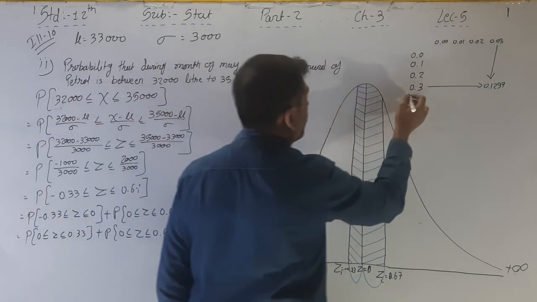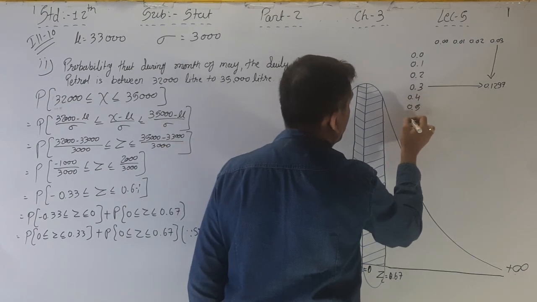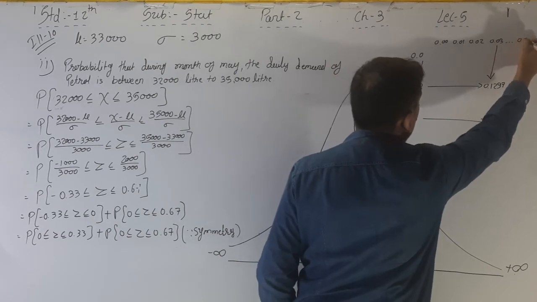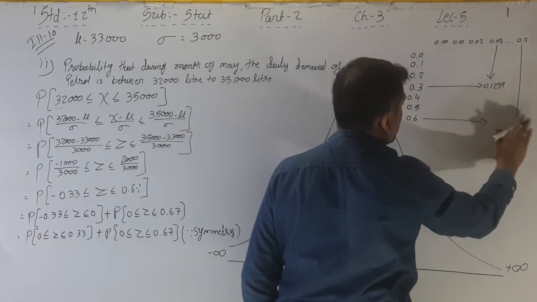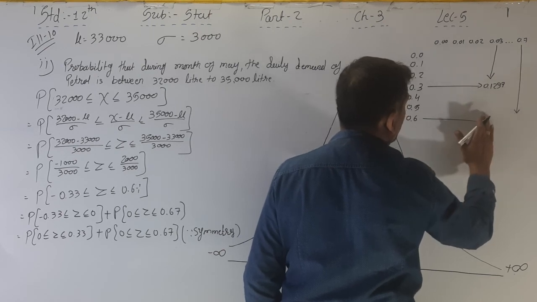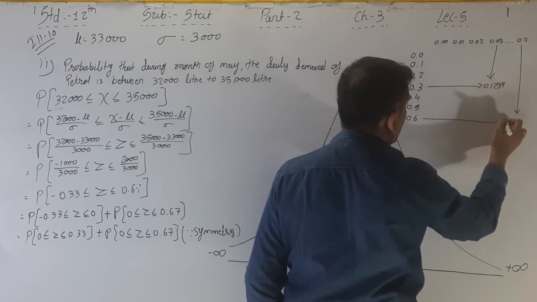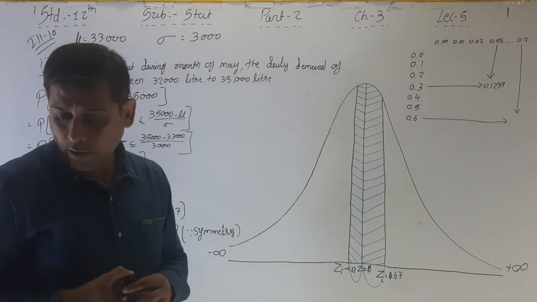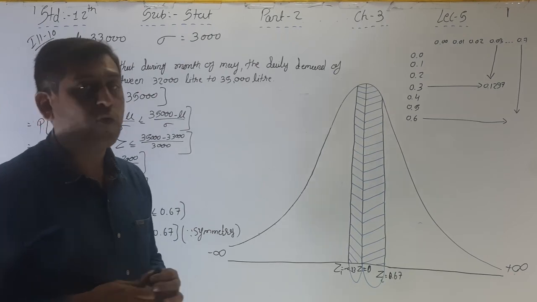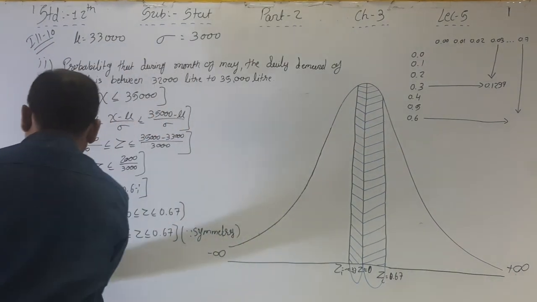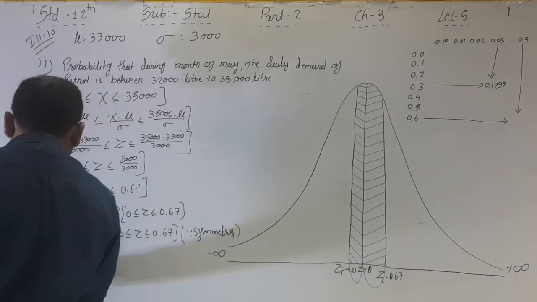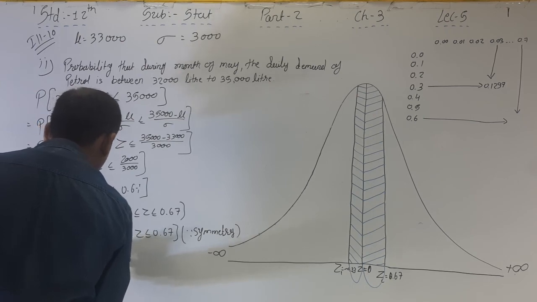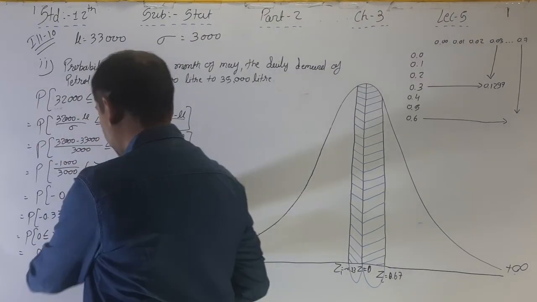And now here we have to find out the value of 0.67. How? 0.4, 0.5, 0.6, and here 0.7. So here we can find out the value of 0.67. Okay. So write down that value is 0.2486. So I am writing out here both the values, 0.1297 plus 0.2486.